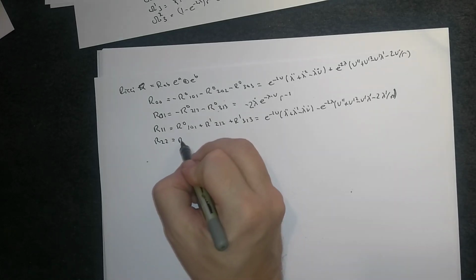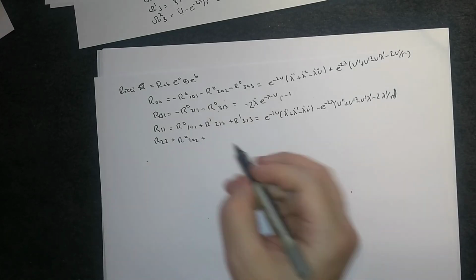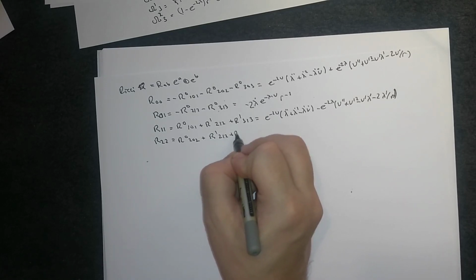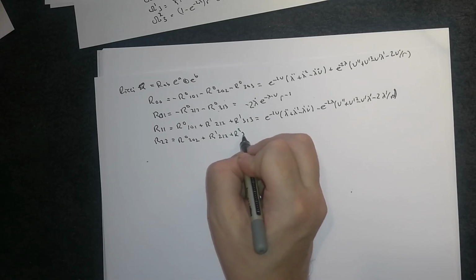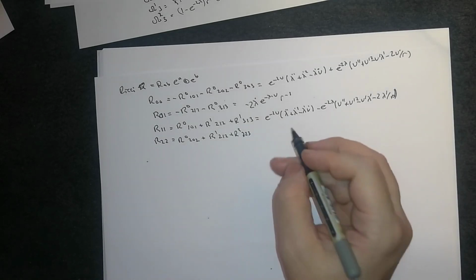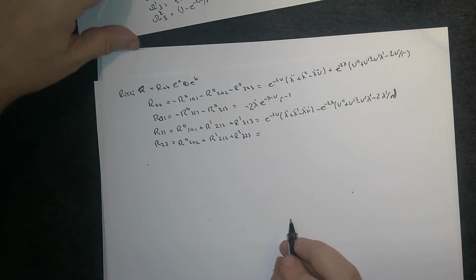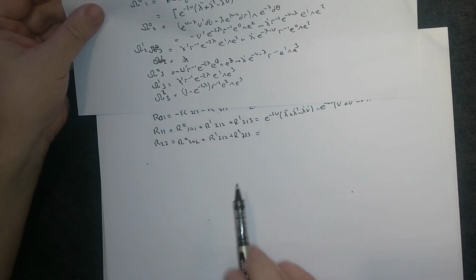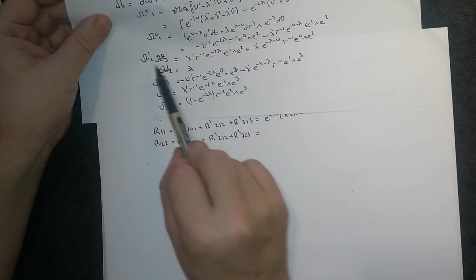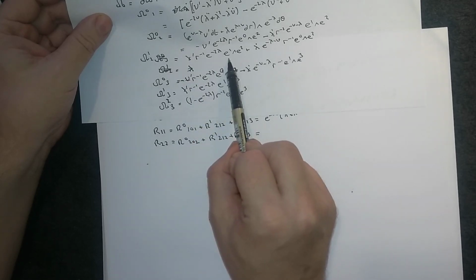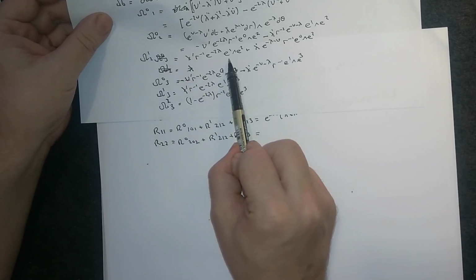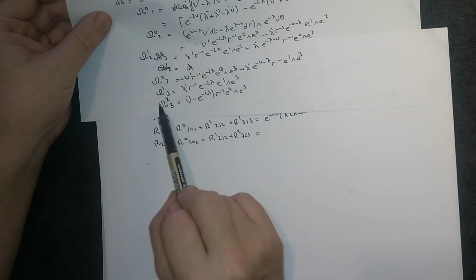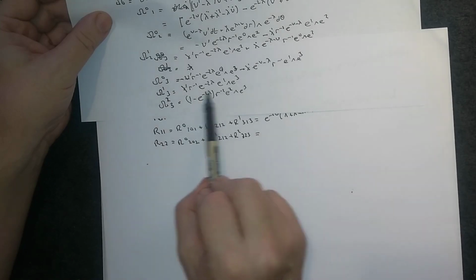R22 is R0202 plus R1212 plus R2323. 0202 gives me that term, 1212 gives me that, and 2323 is that term there.